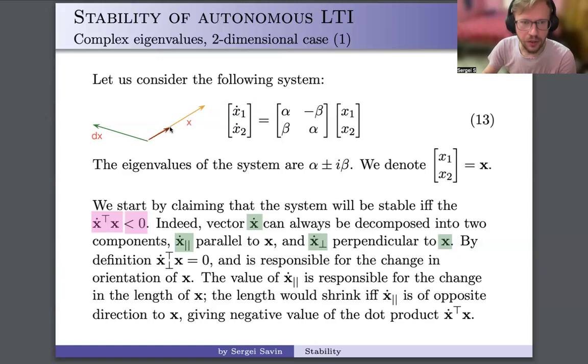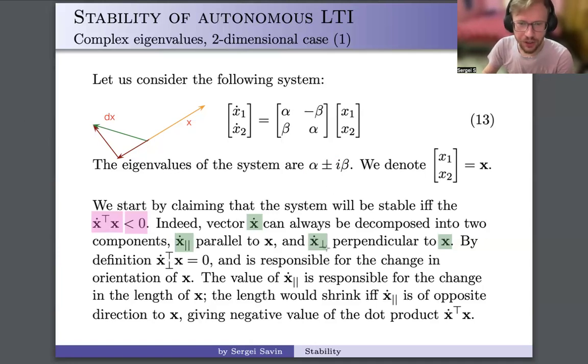Well, I describe it as this component which is parallel to x, that's one component, and this component which is perpendicular to x. So those are two components into which I decompose my x dot vector. That is all. I just represent one vector as a sum of two. Okay, all right.